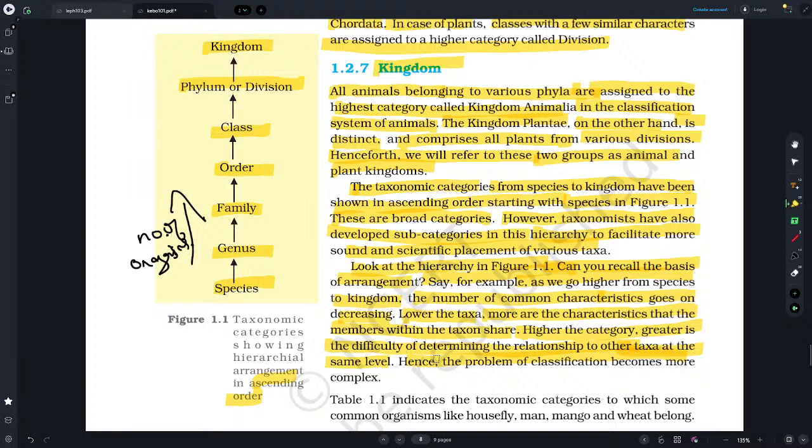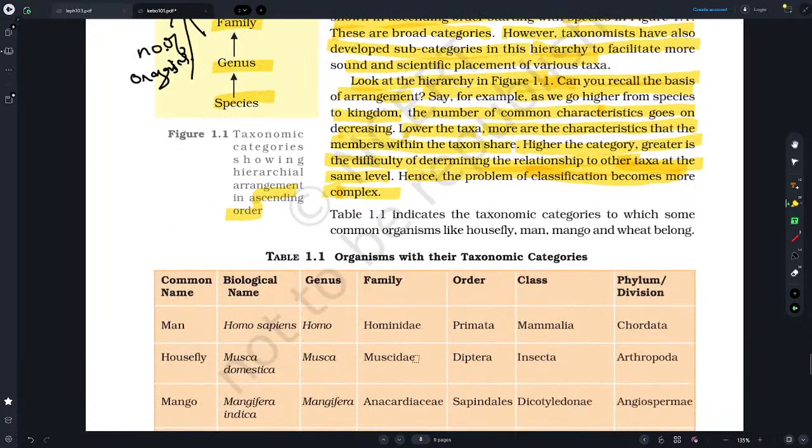As such, if there are really high common characteristics, we can determine that there is a relationship. But as the number of similarities decreases, we are not able to classify if that comes under a specific category or not. As they say, the problem of classification becomes more complex.